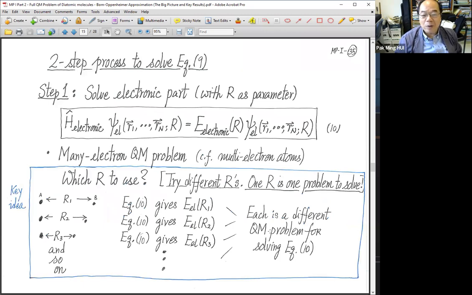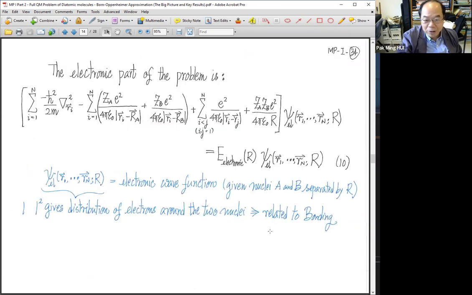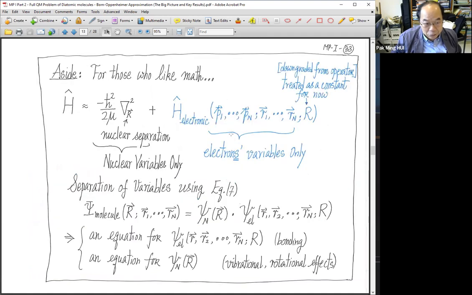Therefore, we will try to play with the equation in two steps. Equation 9 is this one, including the nuclear part. We will first focus on this electronic problem, step 1.